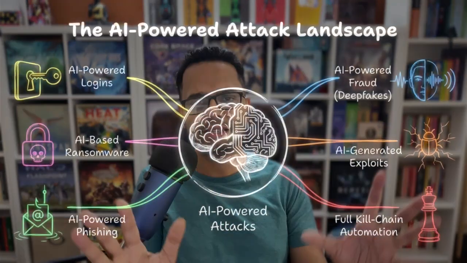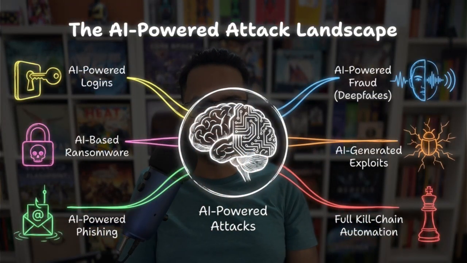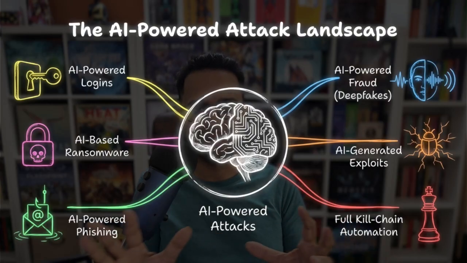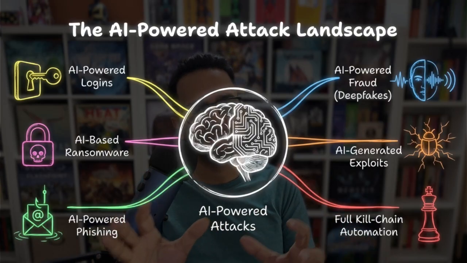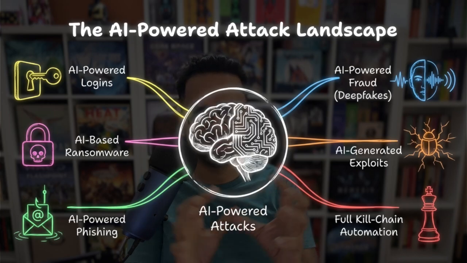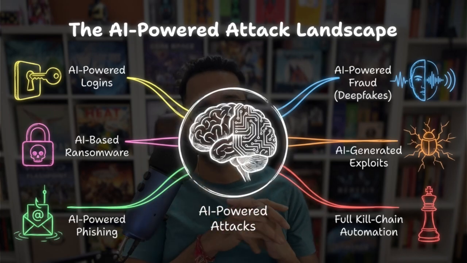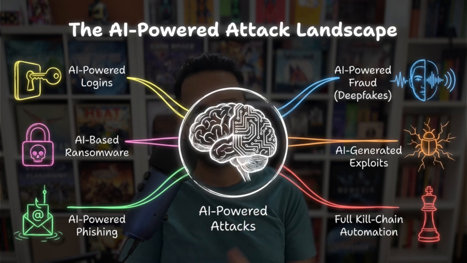So let's look at a very limited AI-powered attack landscape that we get to see. We may not be able to put everything into this bucket, but there are 6 types that I have seen or experienced as an ethical hacker or as a developer.